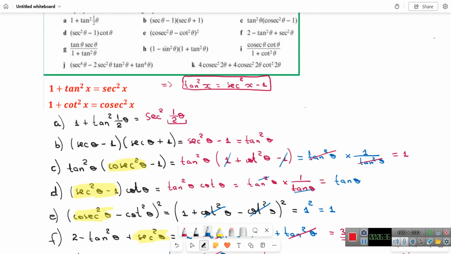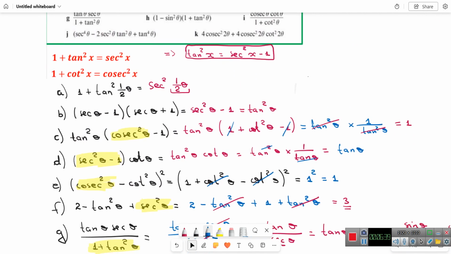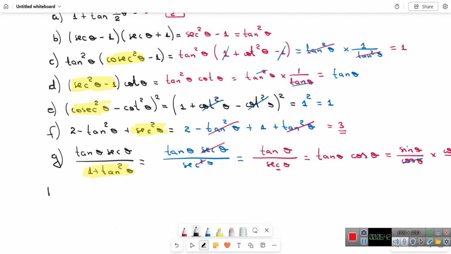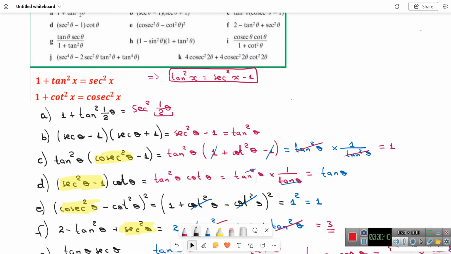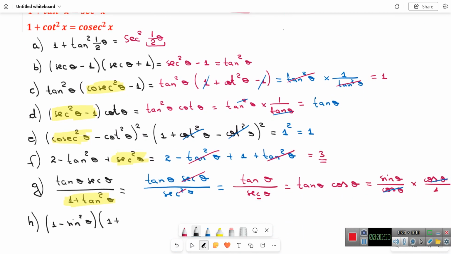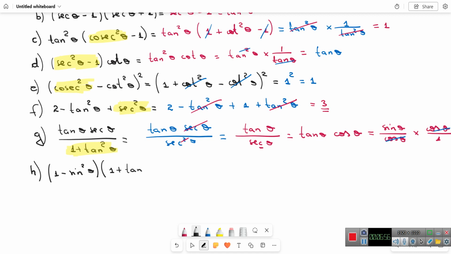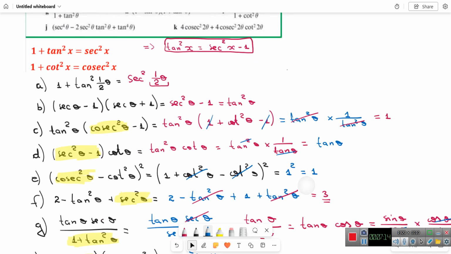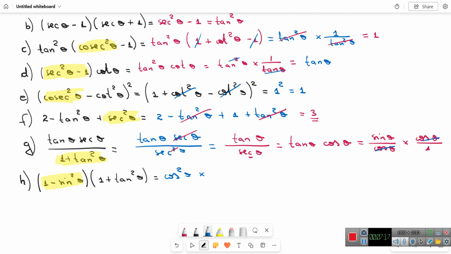H, if we do H, we have 1 minus sine squared of theta multiplied by 1 plus tan squared of theta. I know 1 minus sine squared of theta is cos squared of theta, and 1 plus tan squared of theta is sec squared of theta.